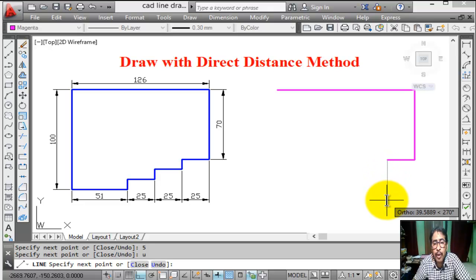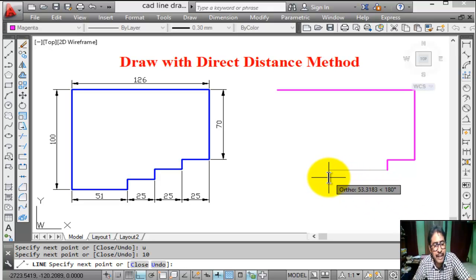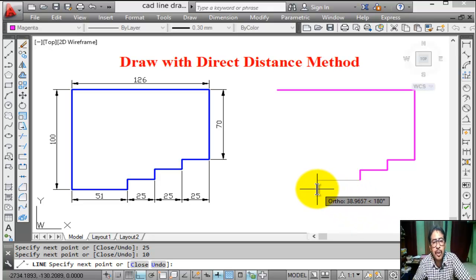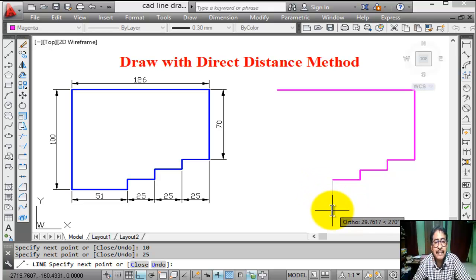Then mouse in bottom, we type 10, enter. Next, mouse in left side, we type 25, enter. Then mouse in bottom side, we type 10, enter. Then mouse in left side, we type 25, enter.